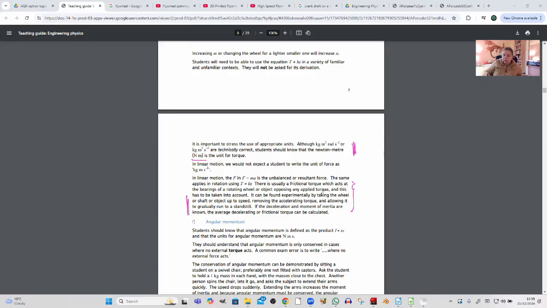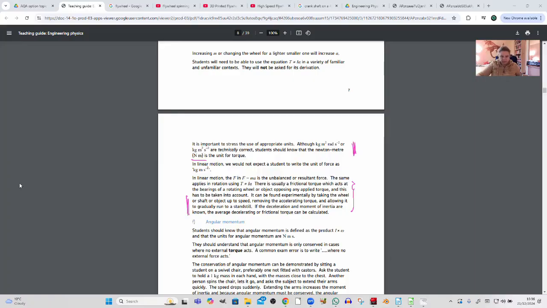So it can be found experimentally by taking the wheel or shaft or object up to speed, removing the accelerating torque and allowing it to gradually run down to a standstill. So you can measure the friction. If the deceleration and moment of inertia are known, then the average decelerating or frictional torque can be calculated.